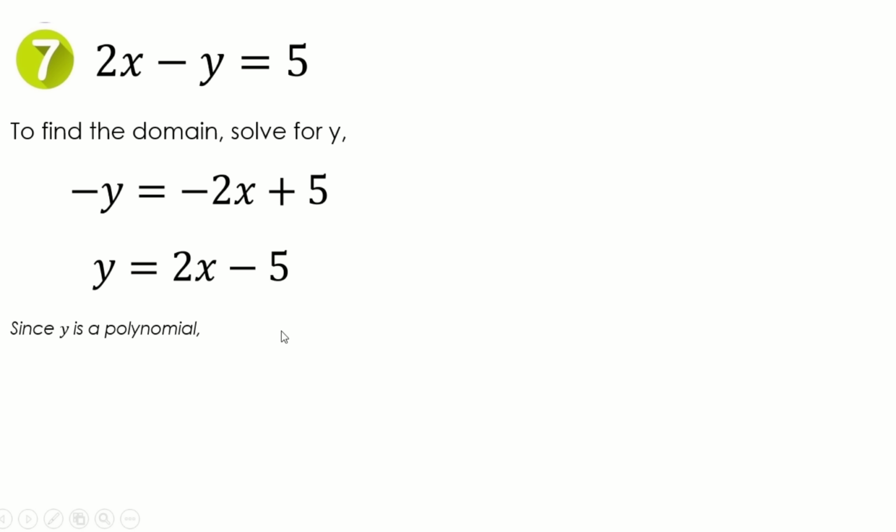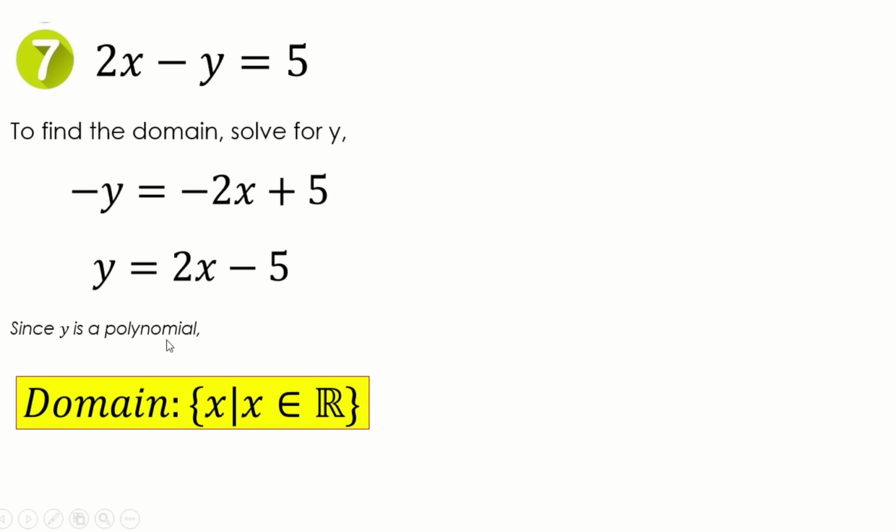And since y is a polynomial, therefore, the domain is a set of all real numbers. Wala nang ibang sagot dyan. Again, kapag ang y nyo ay polynomial, anong klaseng polynomial? That will be binomial. So, this is your domain, the set of all real numbers.